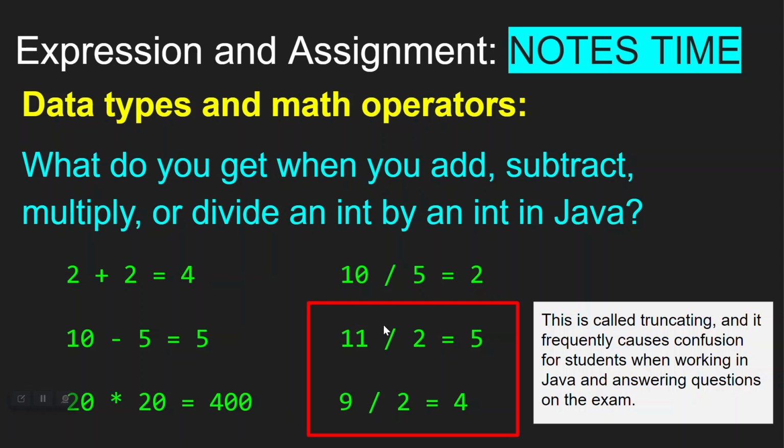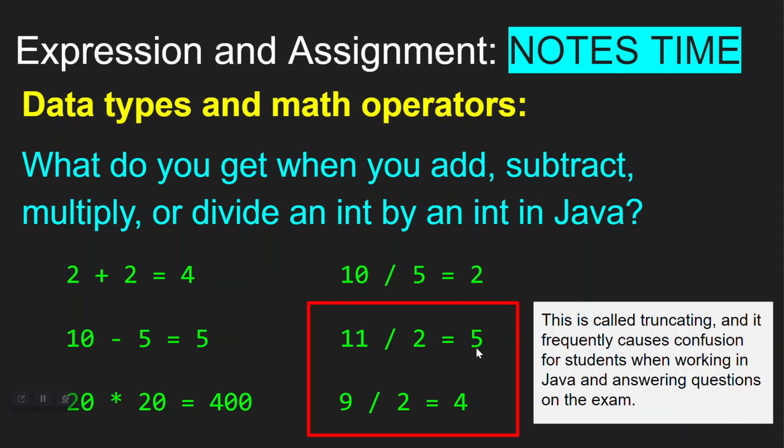Basically what happens is, in Java, anytime you're doing math, whether you're doing addition, subtraction, multiplication, or division with an int by another int, it's always going to give you an integer for the answer. So usually that's okay, but when you're expecting something that would be a decimal, what happens is it truncates it.